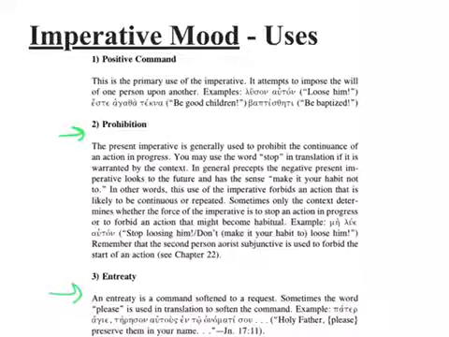You may use the word stop to translate it if it is warranted by the context. In general, the negative present imperative looks to the future and has the sense, make it your habit not to. In other words, this use of the imperative forbids an action that is likely to be continuous or repeated.